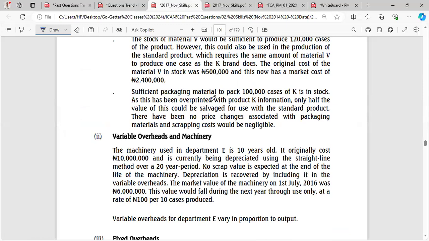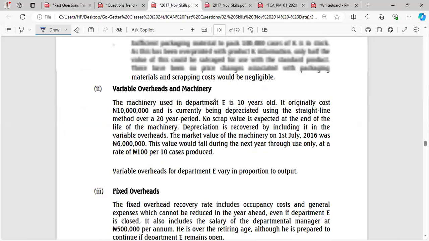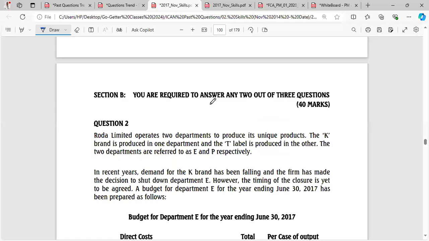I'll only do one of these questions as the solution for you. So please try and apply all that we learned in relevant costing so that you can handle this assignment.